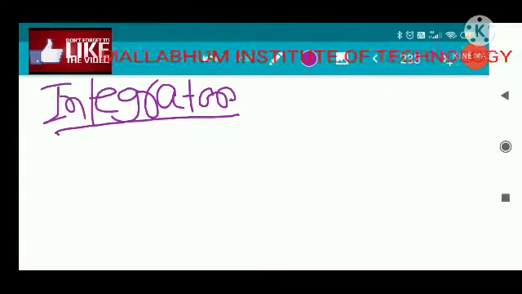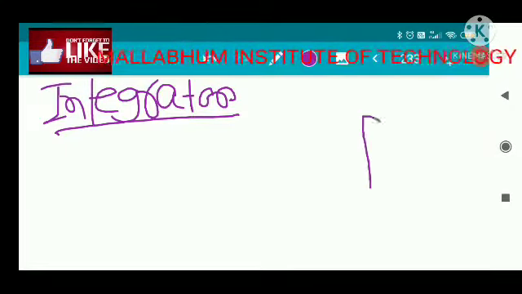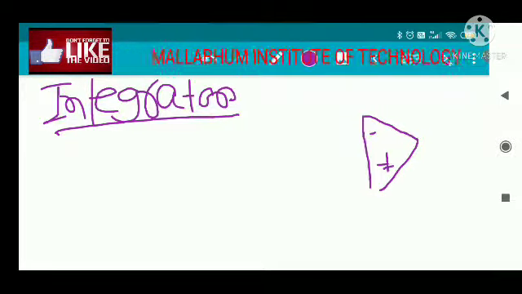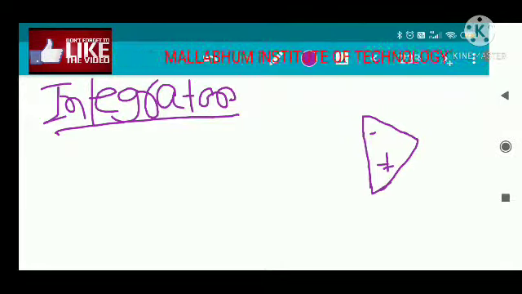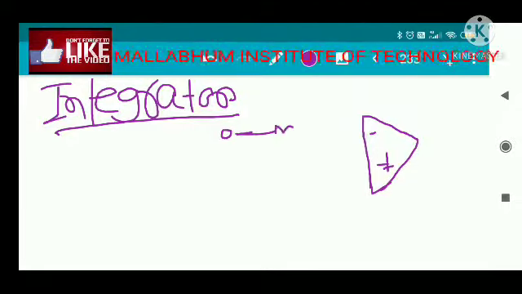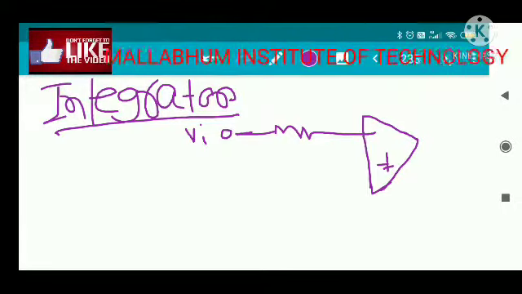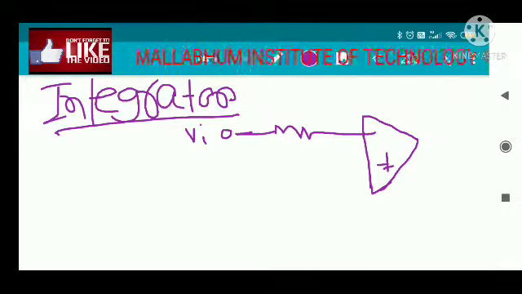So this is your op-amp, with the negative and positive terminals, and this is the input voltage with a resistance. So this is the input voltage and this is the resistance R1.